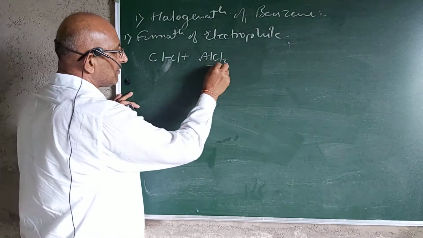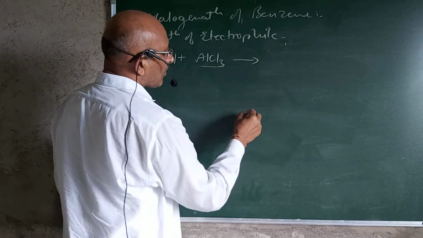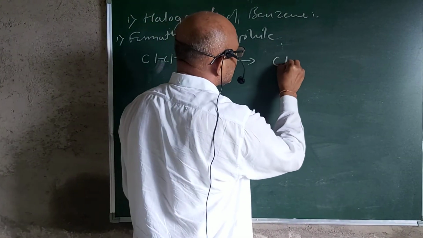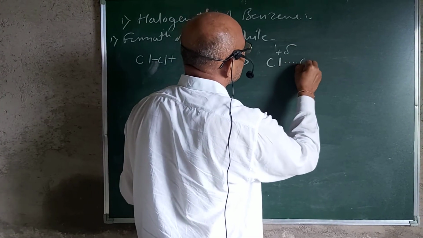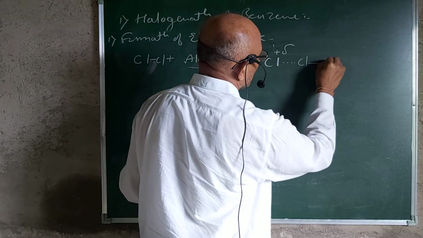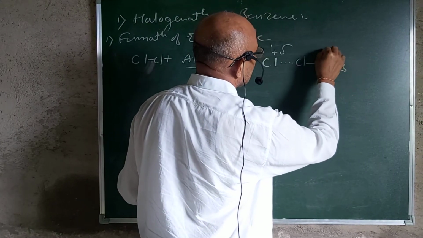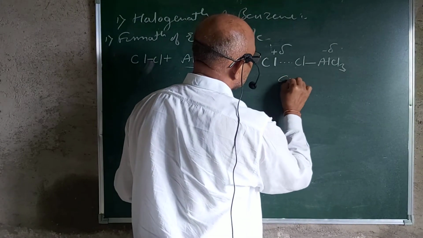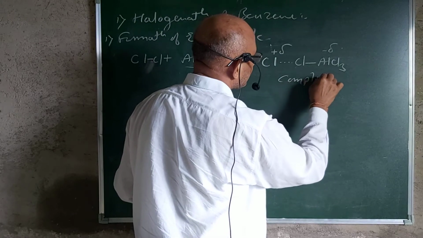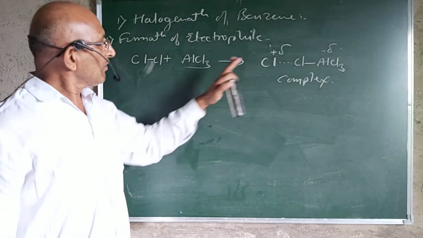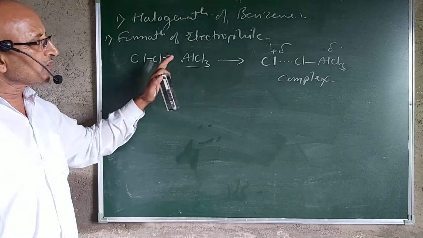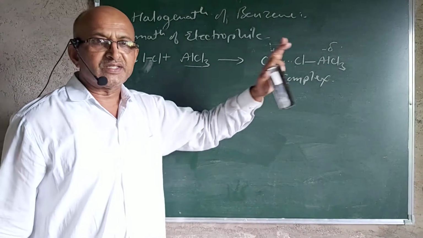And so the Lewis acid plays an important role, and it forms a complex. It polarizes this halogen bond, and there is a formation of this AlCl3 minus, and this complex has been formed. Here also the breaking of the Cl-Cl bond is not possible, but here it is getting polarized.